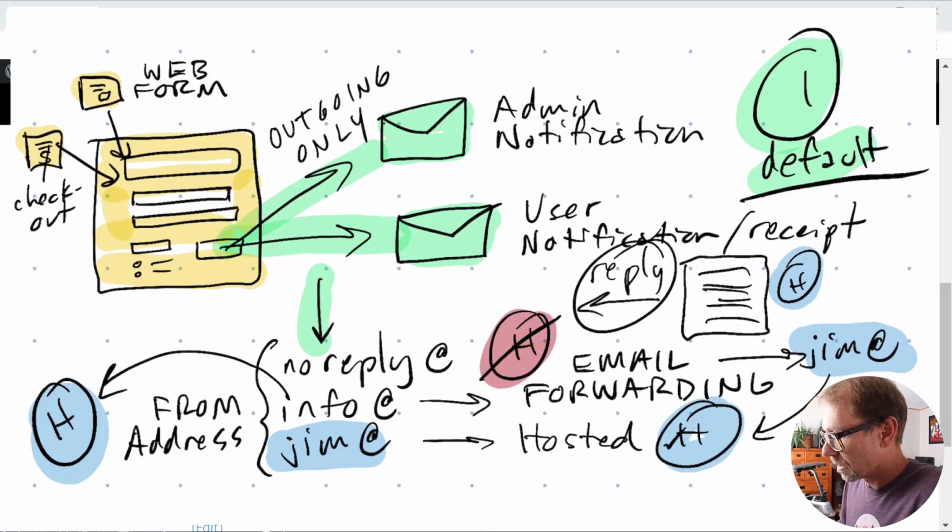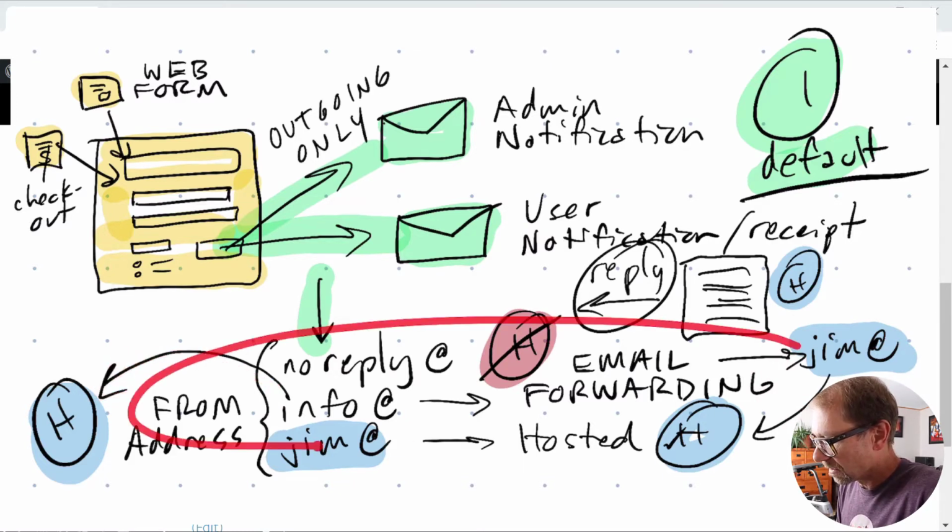Depending on your host and your email hosting, you can just forward emails from an address like info to the actual hosted email address, which might be someone's name, like Jim at your business name. You could also just choose Jim as the from address, and of course that would then be public knowledge, because the receiver of the transactional email, this user notification, would see the Jim email address and be able to reply to it if they want to.